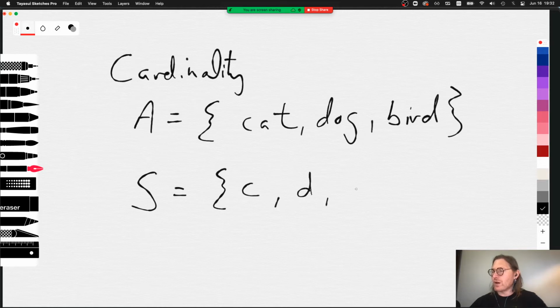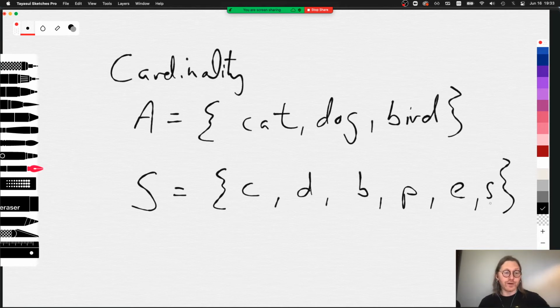a cat, a dog, a bird, a pheasant, an eagle, and of course a shark. And we're asking a question like, well, what is the probability of choosing a cat, a dog, or a bird? One of those, right?